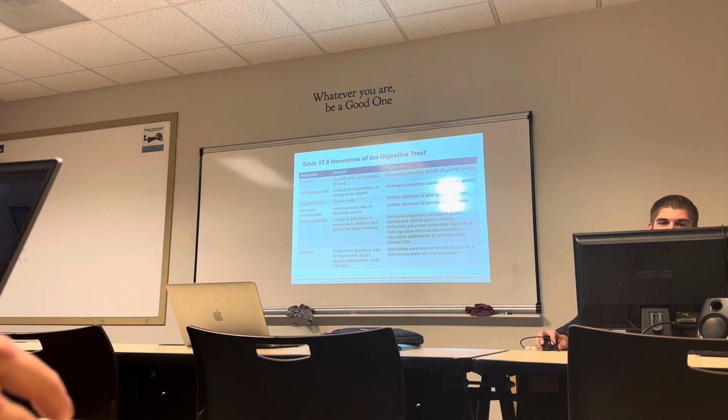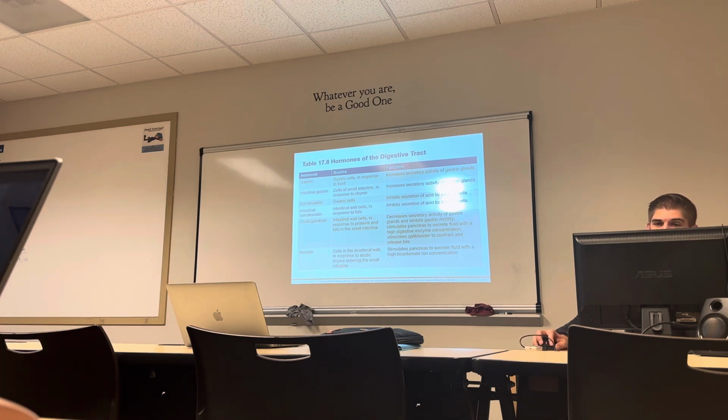Somatostatin comes from the gastric cells, inhibits the secretion of acid by the parietal cells. Intestinal somatostatin, secreted from the intestinal wall cells in response to fats, inhibits secretion of acid, so slow down stomach. Cholecystokinin, this is our big one, secreted by those cells in the intestine in response to protein and fat.